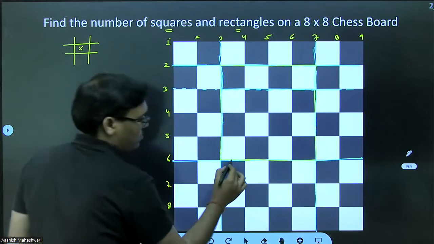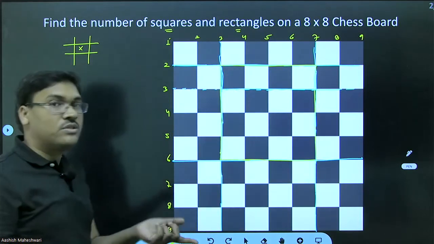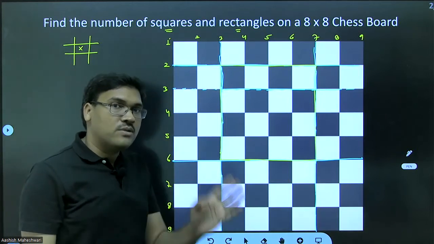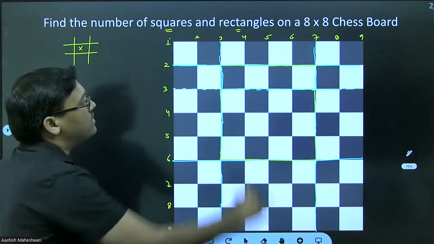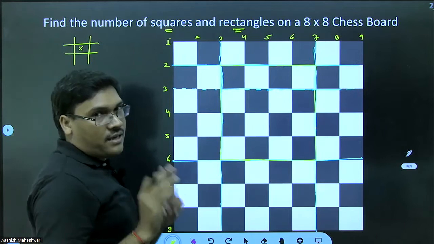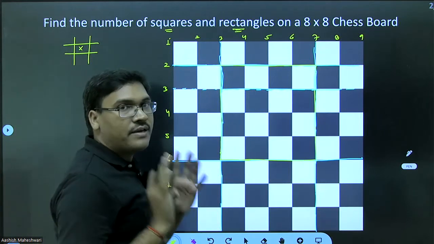What is the dimension? This is 1, 2, 3, 4, 4 cross 4. You can see 4 cross 4 is also a rectangle because this is a square and all squares are rectangles. So in the first case we are finding the rectangles, and we will consider the cases of squares also because all squares are rectangles.